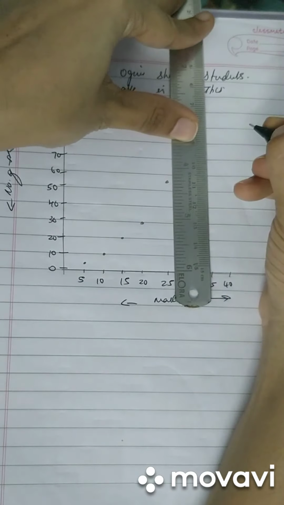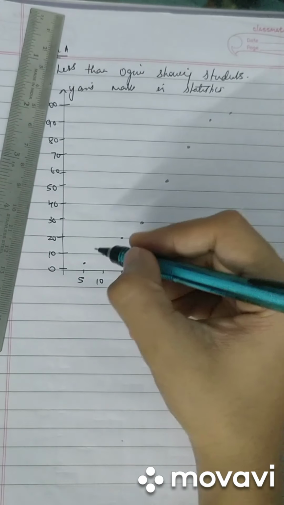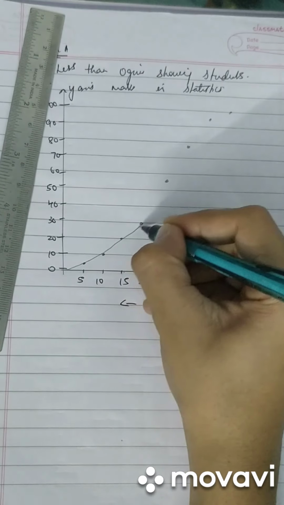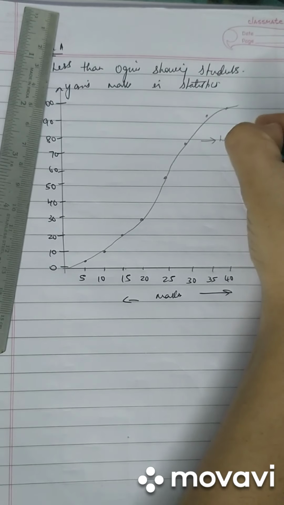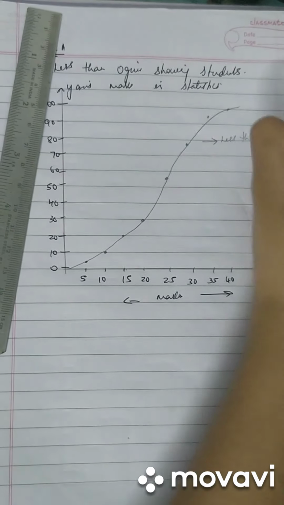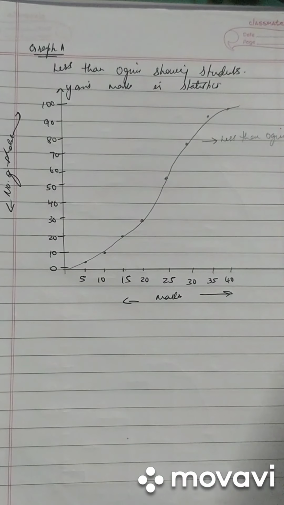For 35, it is 95. And then it is 100. So now with a free hand, you would be marking your ogive. So this is a less than ogive. Clear?